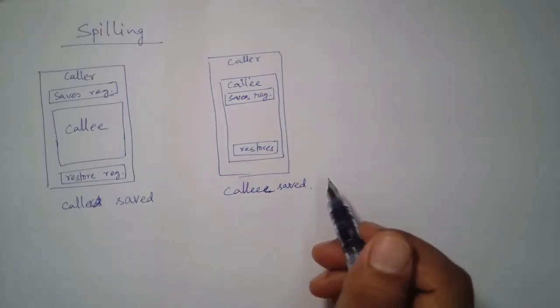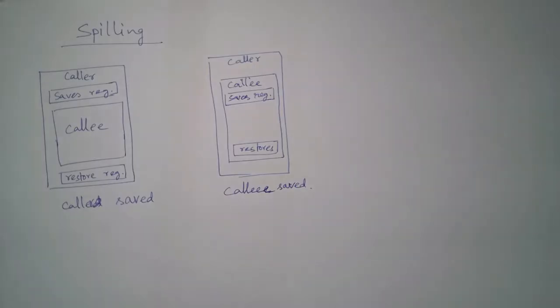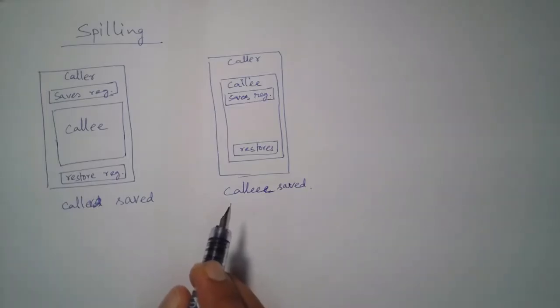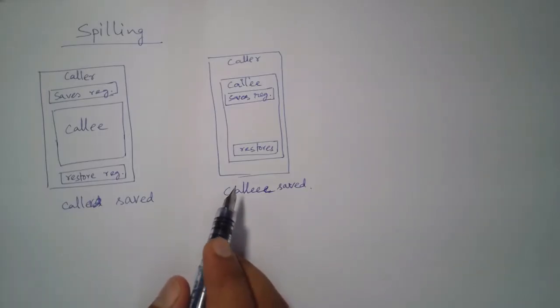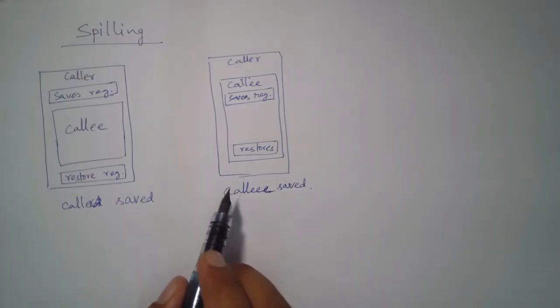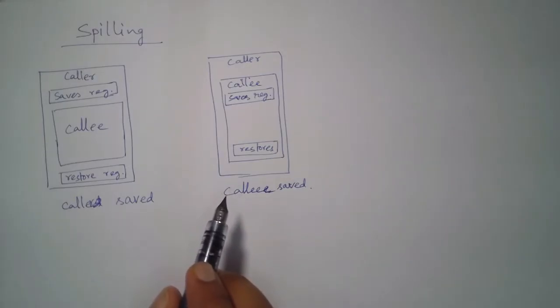So, this looks like a very reasonable solution, and you should be able to handle argument passing efficiently with this kind of spilling mechanism. And if you use memory for storing the register values, then you have actually solved both the space problem as well as the overwrite problem, because you eliminate the chance of overwrite since you have already stored the copy, and while coming back you restore the original.